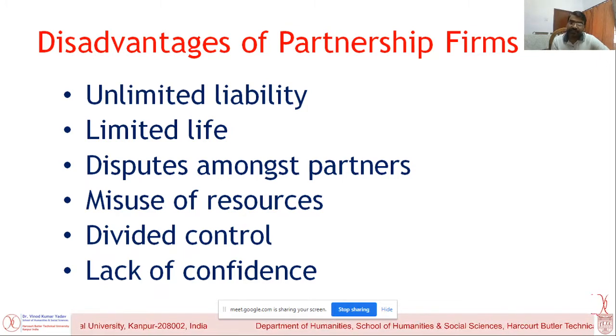If you are breaching faith, it will affect the partners in a different manner. Divided control means all partners can have their division of work and different activities, and they can independently handle that activity. Like we discussed, marketing may be handled by one partner, production may be handled by another partner.